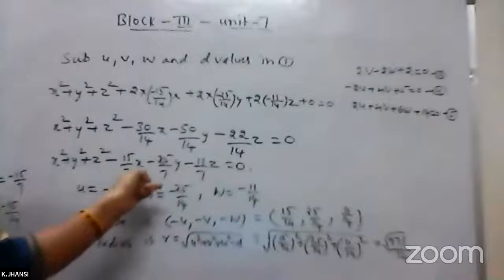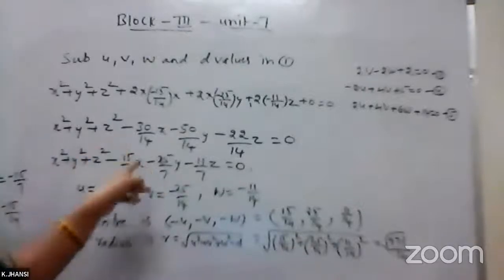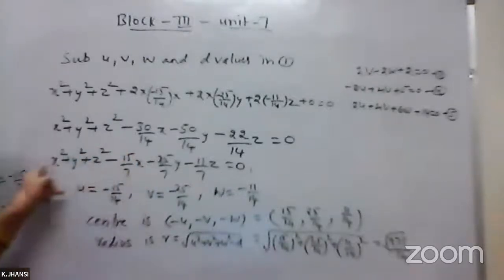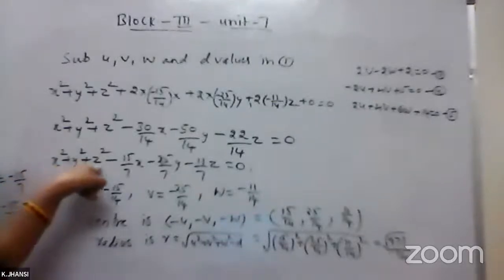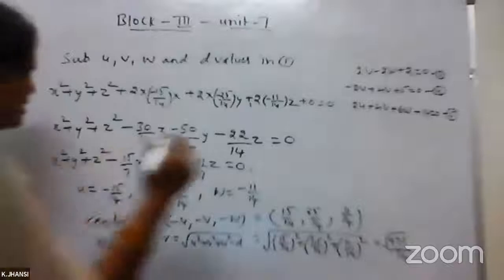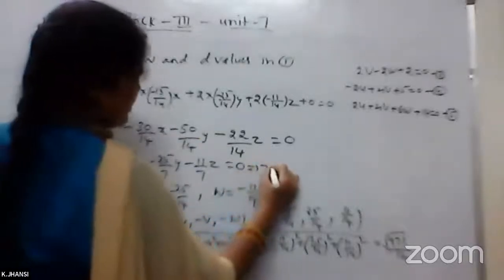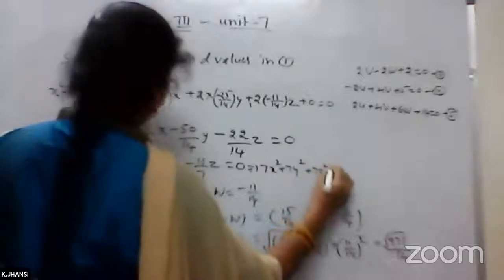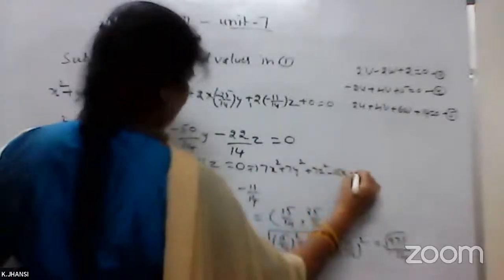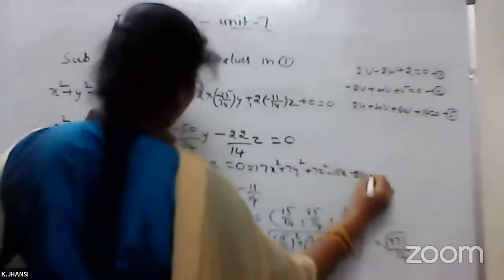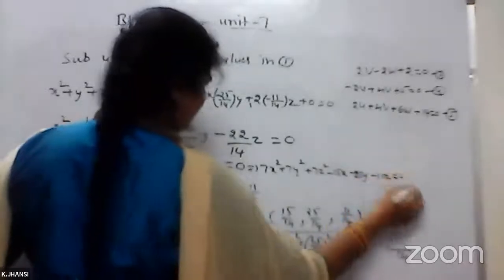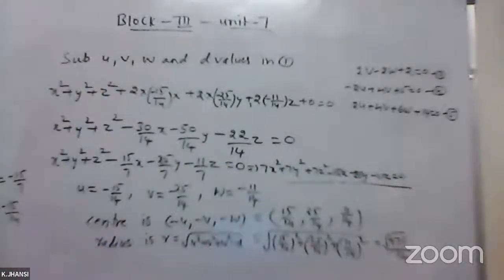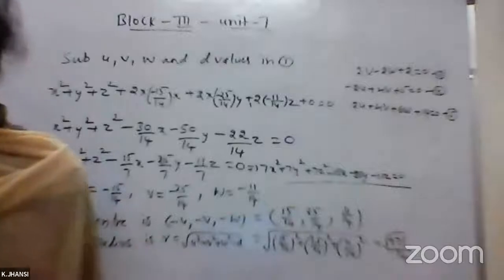For the equation of the sphere in your textbook answer, if you cross multiply by 7, you will get 7x square plus 7y square plus 7z square minus 25y minus 11z equals 0. This is the equation of the sphere, and this is the center and this is the radius.